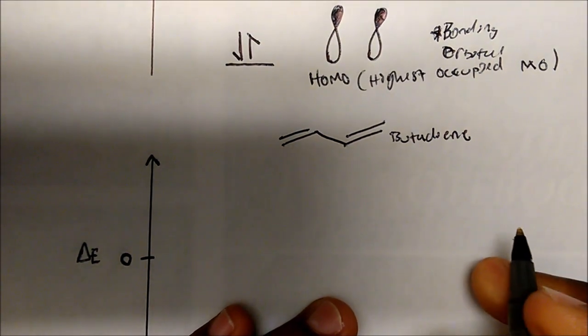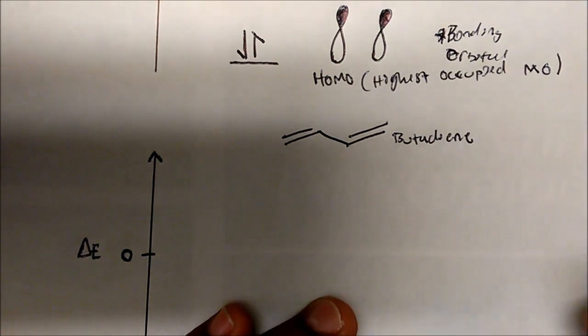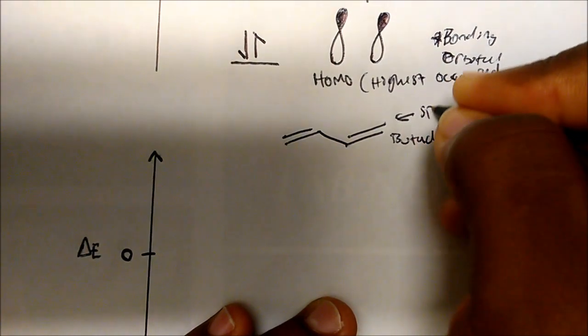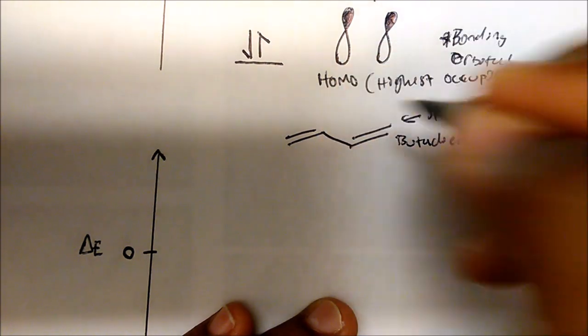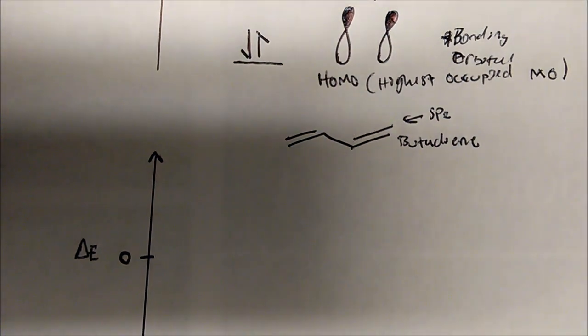Now, before I even go further, I got to make sure I have sp2 hybridized atoms. My system has to be conjugated, and it has to be sp2 for the atoms. So you can see that here we have an sp2 hybridized carbon, sp2 here, sp2 here, sp2 here. So this system is all conjugated sp2 atoms. So we're good.